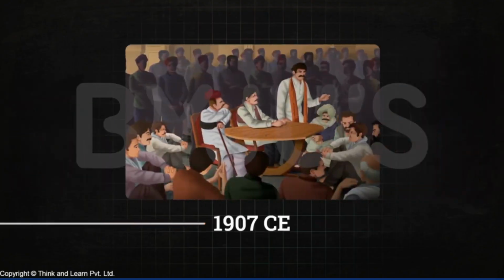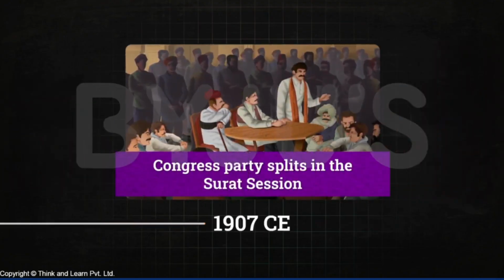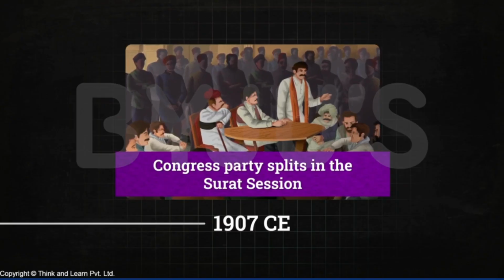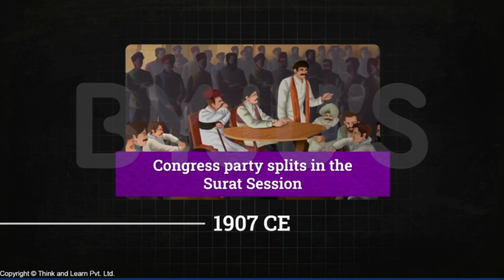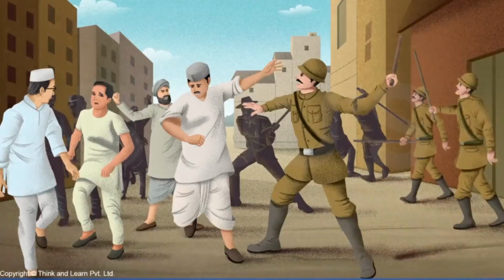By 1907, the moderate and the assertive nationalists argued about the direction of the nationalist movement and methods to be undertaken against the British. And this resulted in the split of the Congress party in the Surat session.